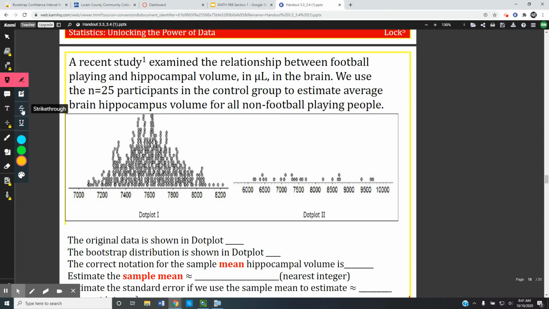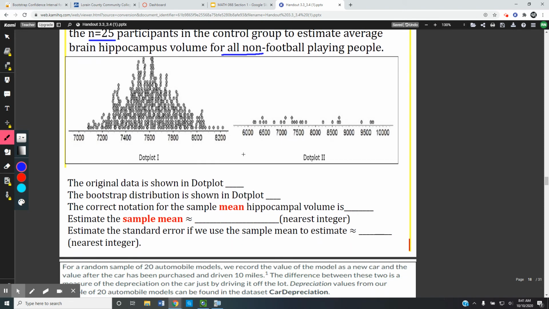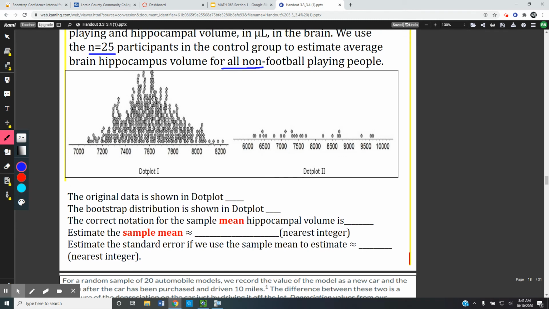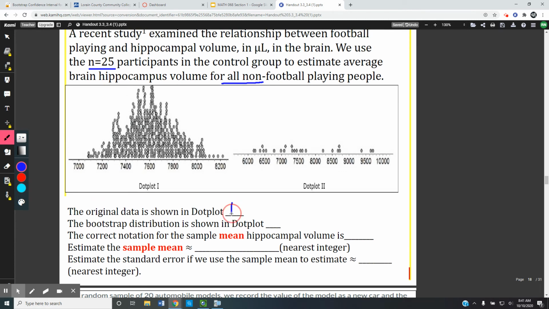First of all, we're using 25 participants, that's our sample, in order to make a claim on the population of all non-playing football people. The original football data is shown. Remember, the original football data was only 25 things. So the original football data is in plot II, this one here.